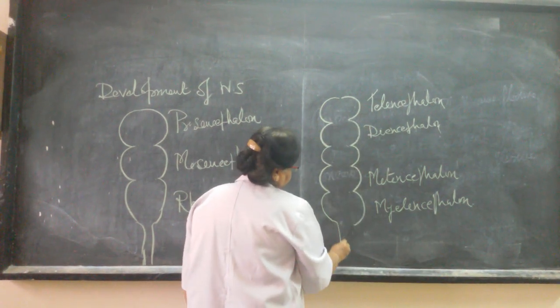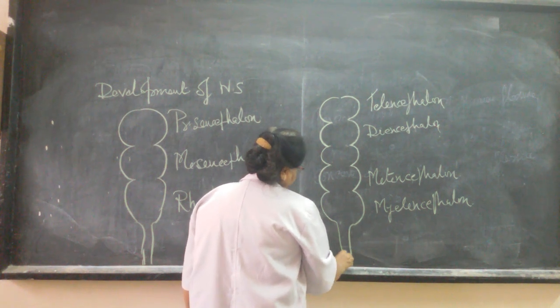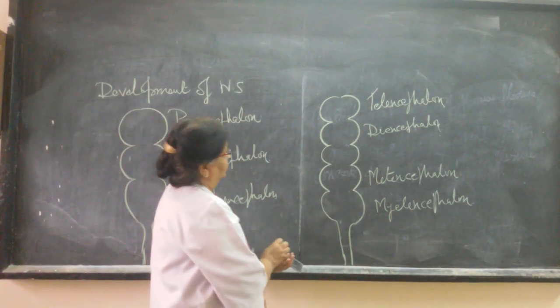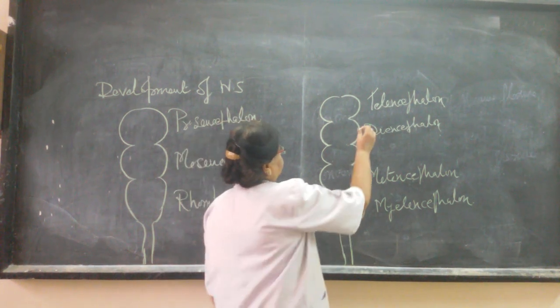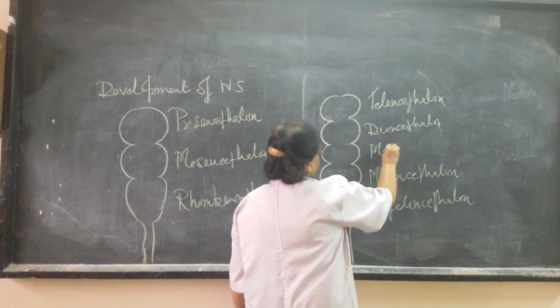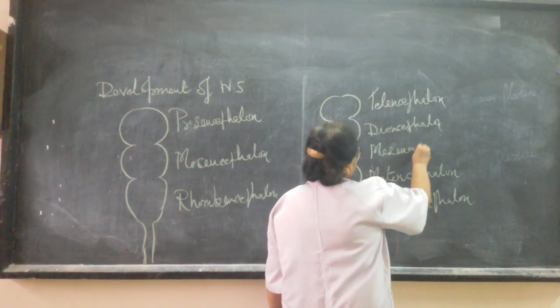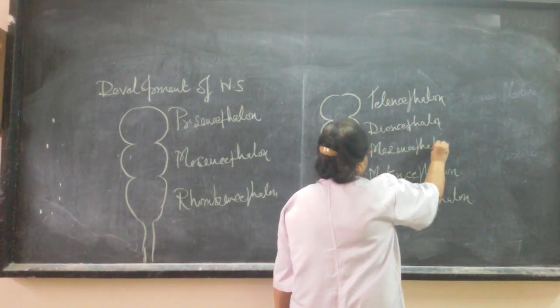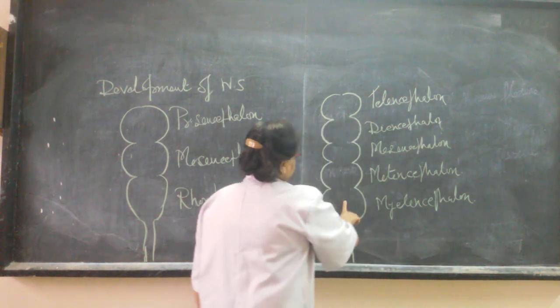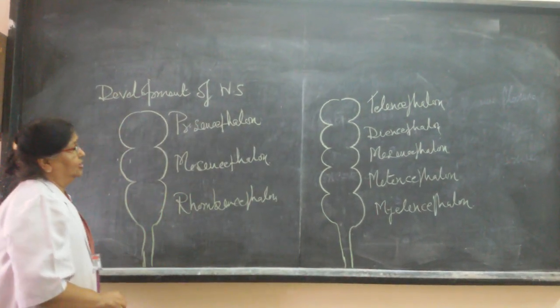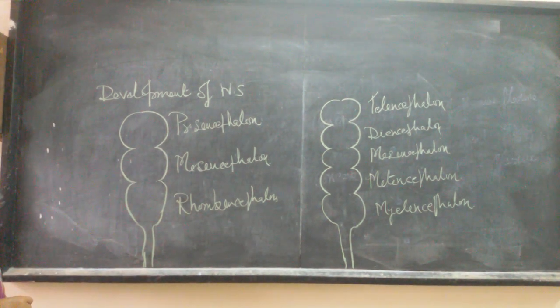Then comes the spinal cord. This divides into five regions, and each of these regions has a cavity. These cavities are continuous with each other, and finally become continuous with the central canal of the spinal cord.